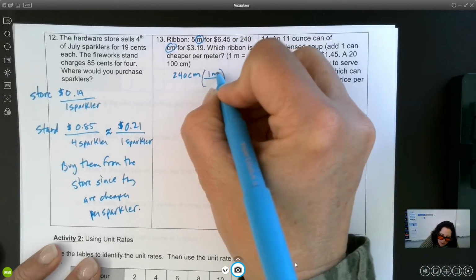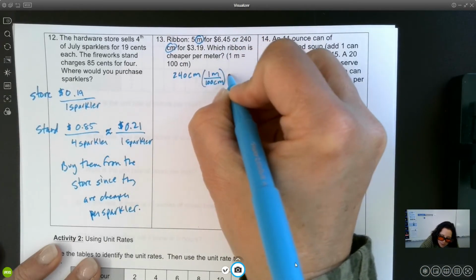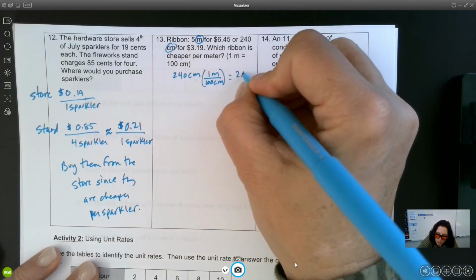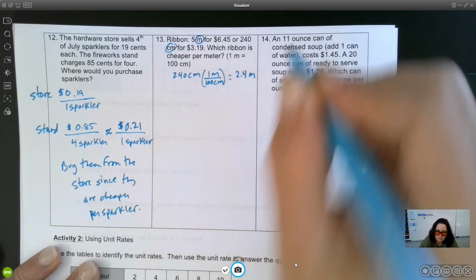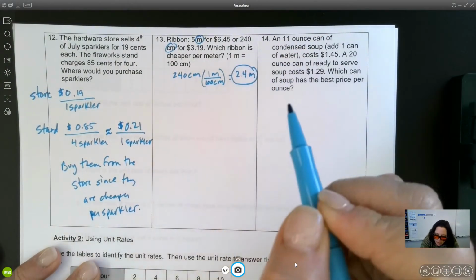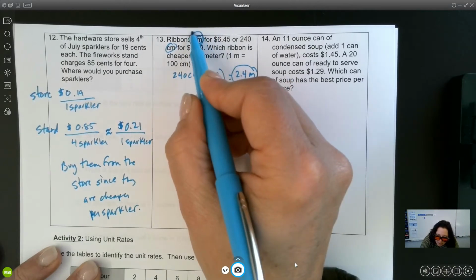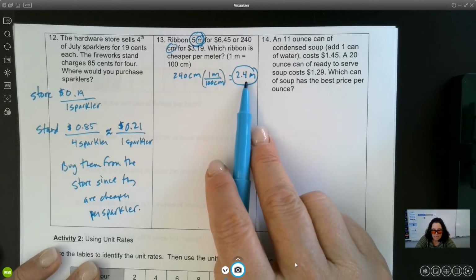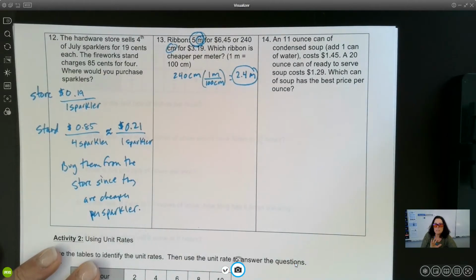So 1 meter is 100 centimeters. Okay, so that's going to be 2.4 meters. So I'm going to be using 2.4 meters and 5 meters since my centimeters has been converted. I need them both in the same unit. I will not be giving that to you on your test.